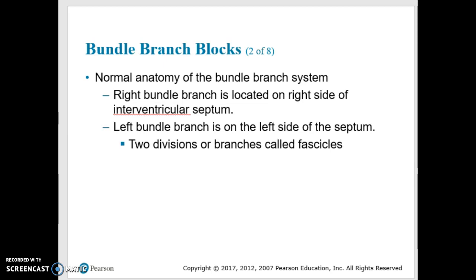Moving forward, the bundle branch blocks happen when either the right or the left bundle branch becomes blocked. Electricity normally travels fast down through the healthy tissue, but what happens in the area of the block is the electricity slows at that area, and it may just trudge slowly through.